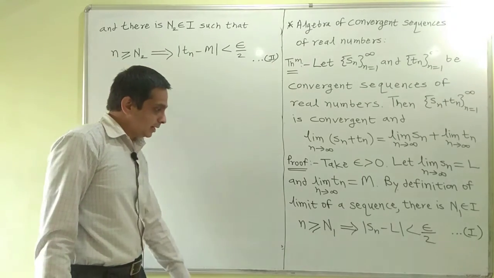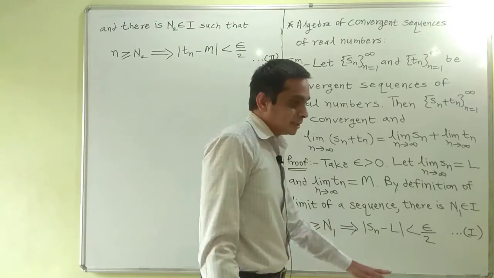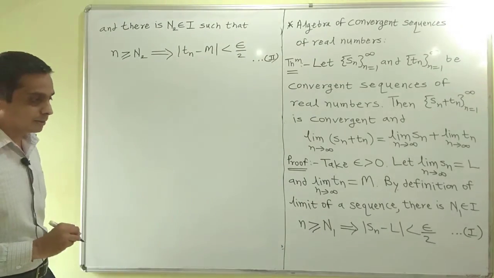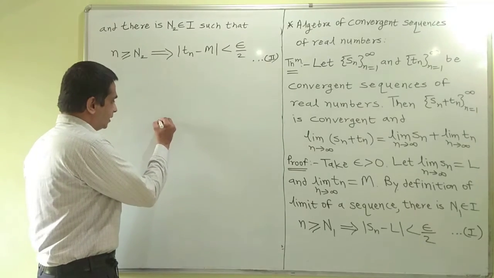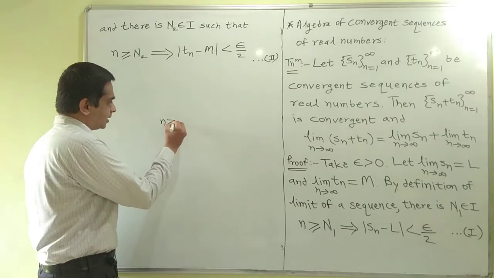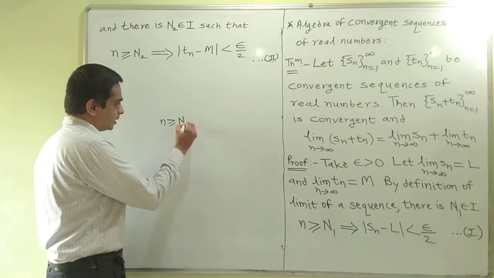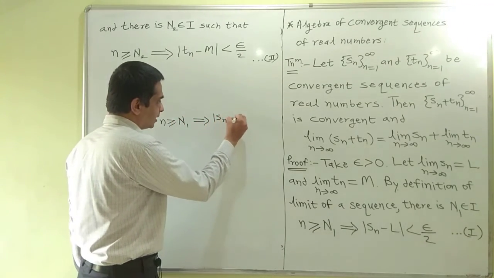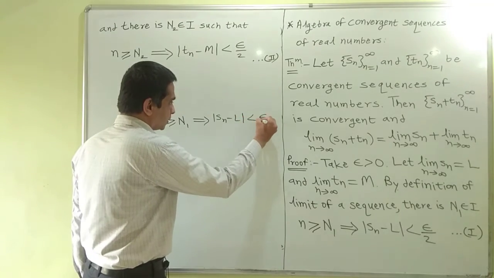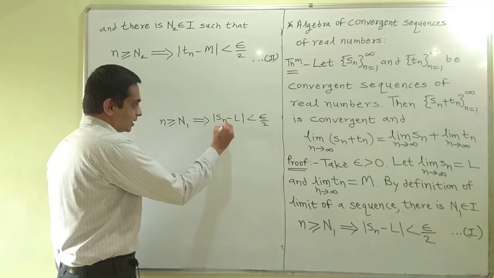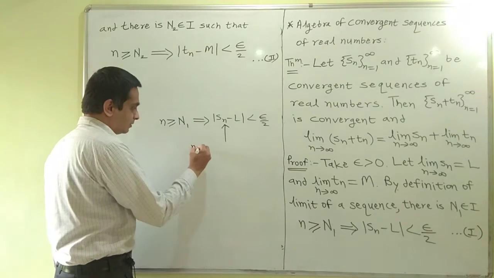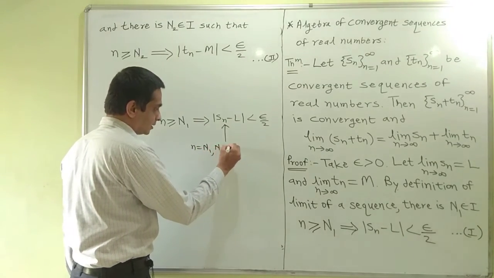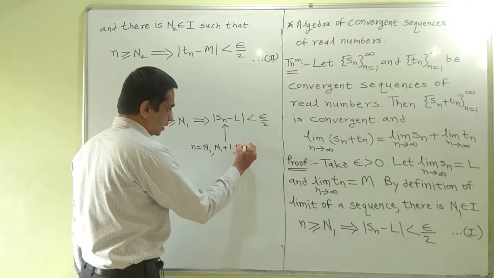Now try to understand the meaning of these two statements clearly. The first statement says, if n is greater equal to n1, then the distance between Sn and L is less than epsilon by 2. N can assume the values n1, n1 plus 1, n1 plus 2 and so on.